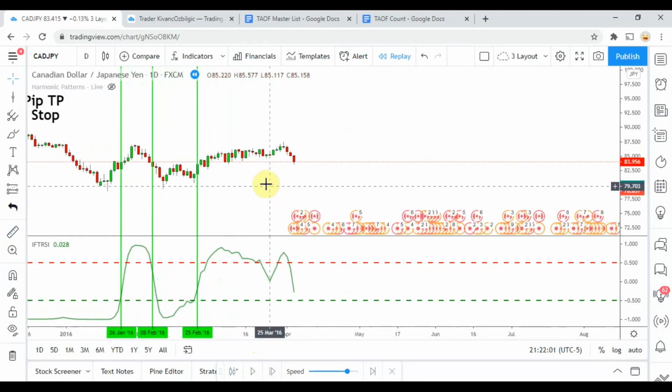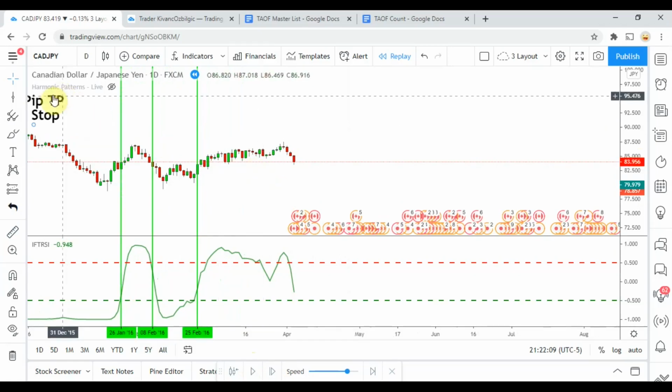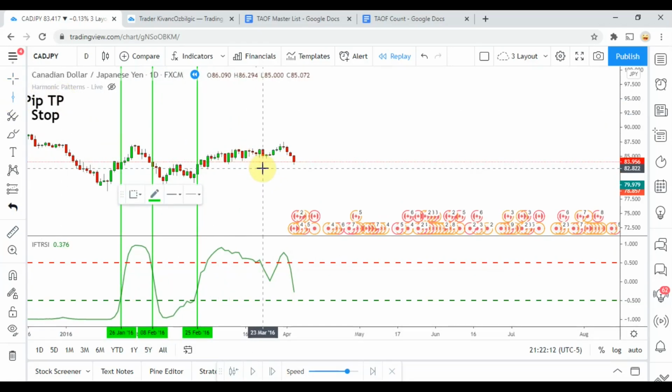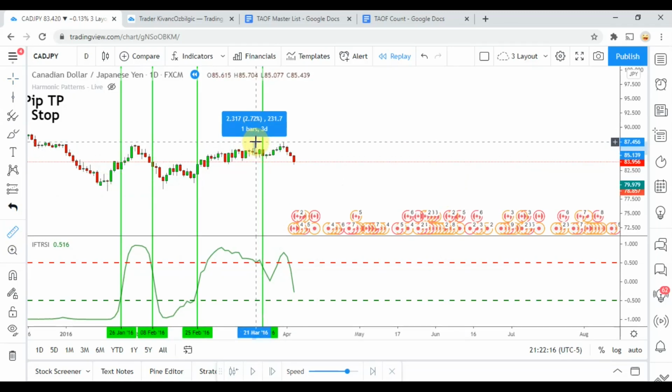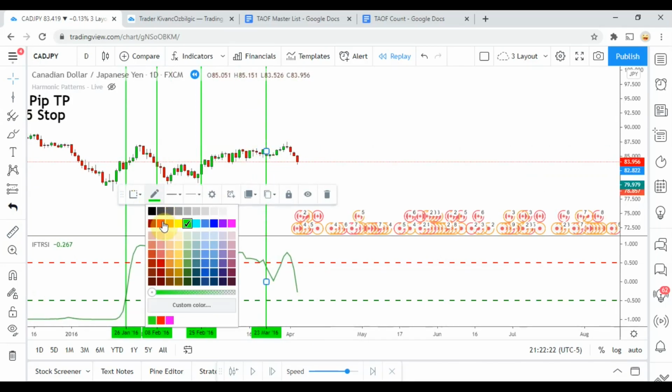Continue on. We get a dip underneath right here. Let's see. Yep, it is right here on this particular one. Let's measure out to the top side. Yep, that one would have stopped us out that time.